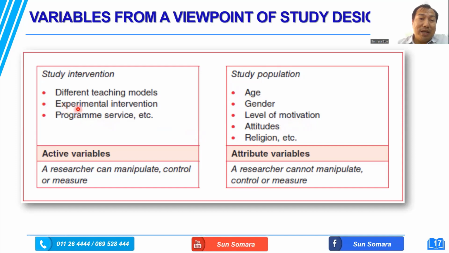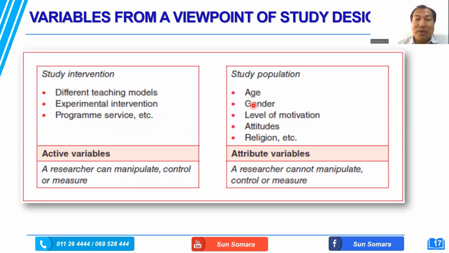Experiment, intervention, program, service, etc. A researcher can manipulate, control, or measure the active variable. For the attribute variable, a researcher cannot manipulate, control, or measure.